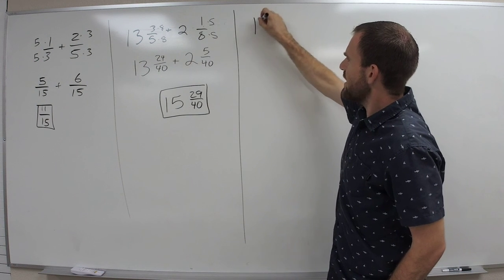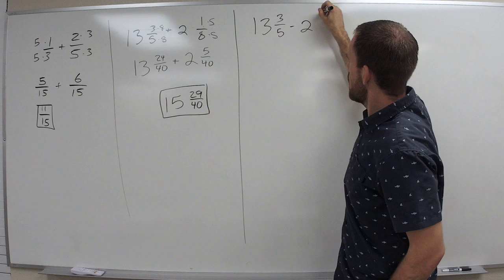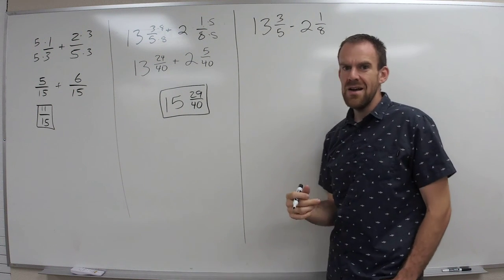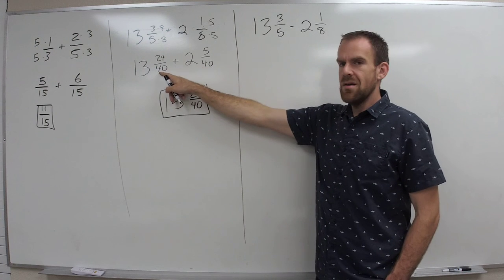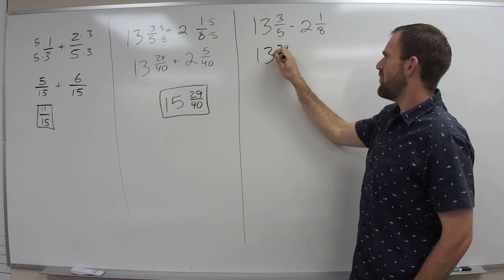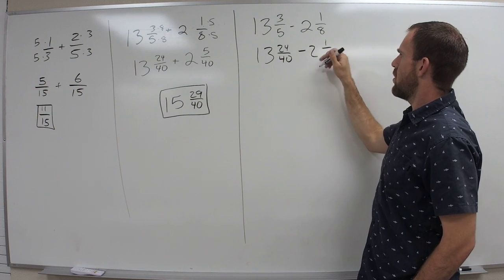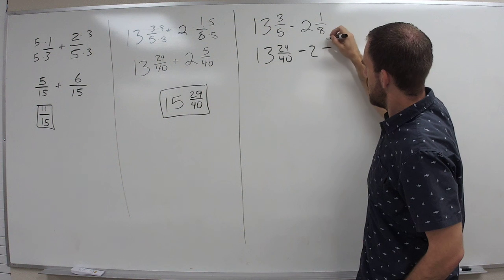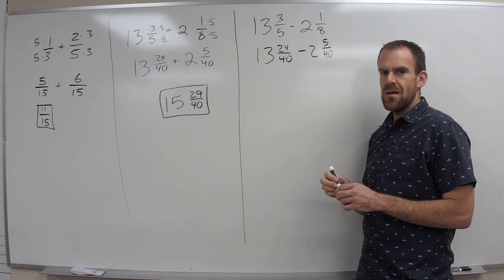All right, so subtracting fractions is much more painful because I have to still change them into fractions with the same denominator. There we go. We know what we're talking about. And then I'm going to subtract, okay?